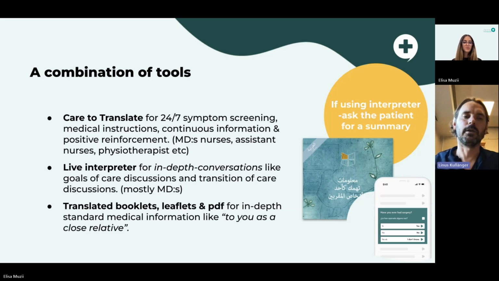And of course we can give positive reinforcement, but also, like Elisa told about before, we can maybe calm them in some way. We can just be there as humans. Capio Translate is really good for this because it's so easy to just pick it up and ask a few questions or give some information to the patient right on.